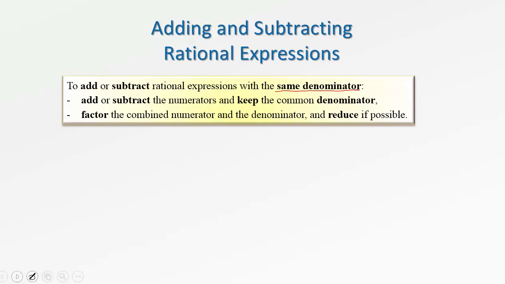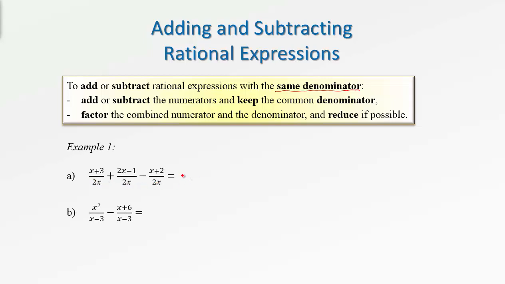Let's see some examples. In the first example, we have exactly the same denominator, 2x, so we're going to keep it. Let's draw a little bit longer division bar, 2x, and we just need to collect the existing numerators. So the first one is x plus 3, then it's plus 2x minus 1.